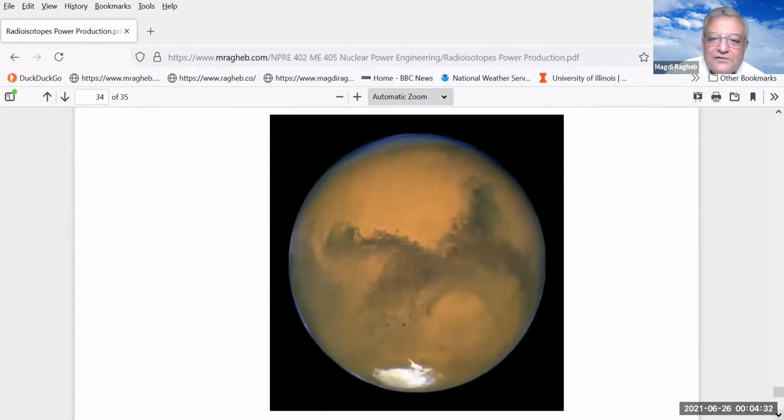Here is a picture of Mars, and you could see it's a red planet, but in fact, Mars has two poles that are cold, so there is water there on Mars. We know it is, and the atmosphere of Mars is primarily carbon dioxide, very little oxygen. So any first settlers on Mars would have to produce their own oxygen.